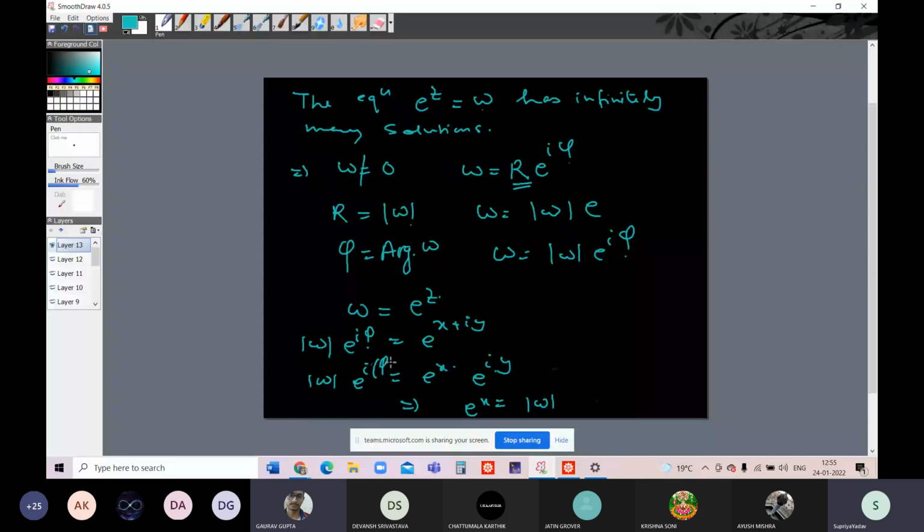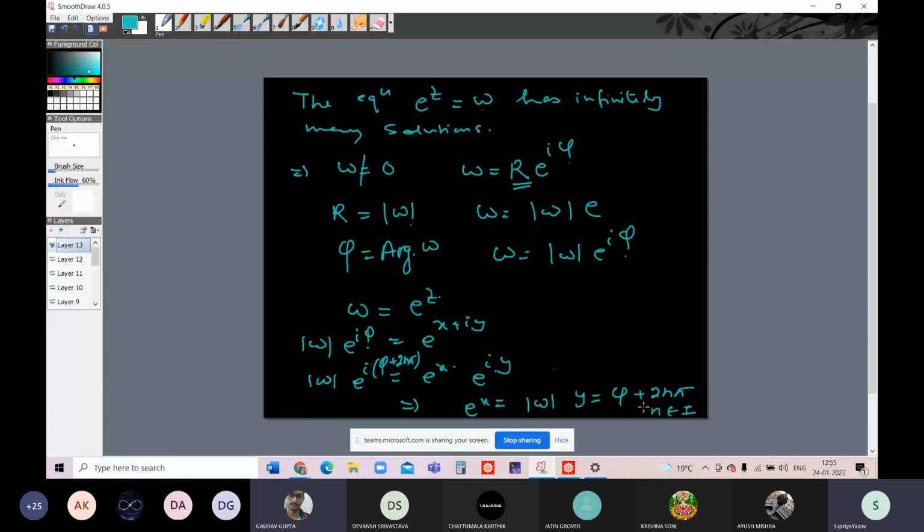So y must be equal to phi plus 2n pi, and this n belongs to the set of integers.